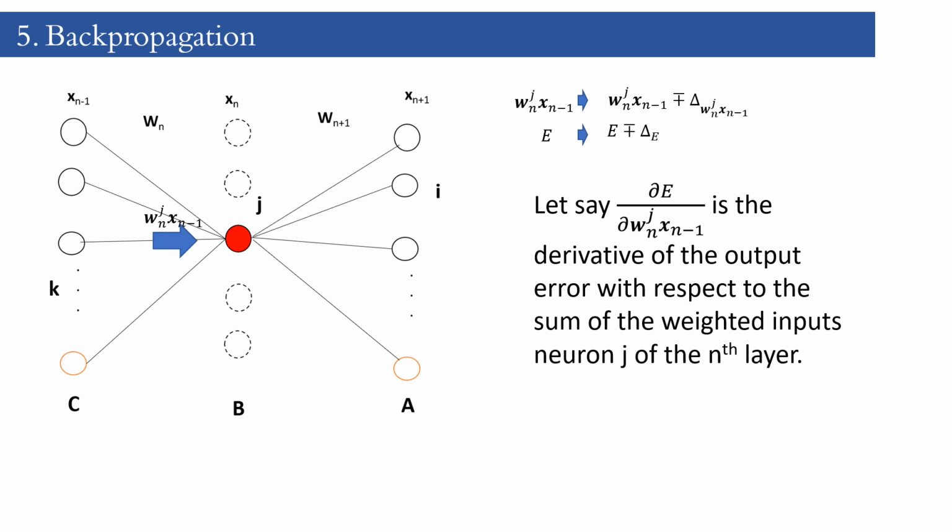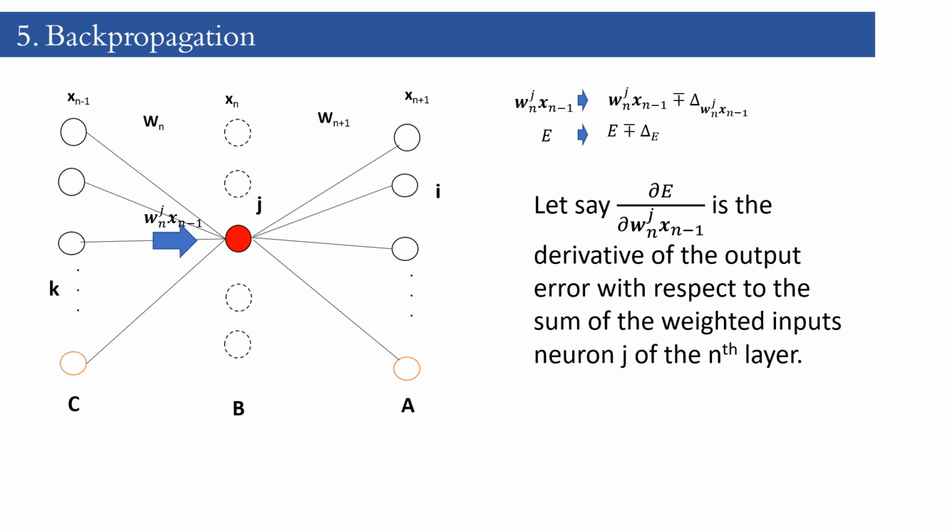In backpropagation, we are trying to solve the system layer by layer. Let's assume we know the derivatives of the error in the next layer, that is layer n+1. To find the derivatives with respect to the inputs to node J, we somehow have to associate the derivative to the derivatives of the next layer. That is because we are assuming we know those derivatives in the next layer.